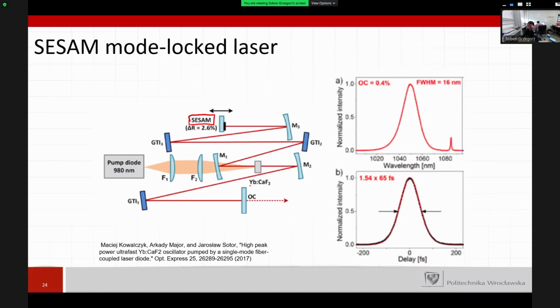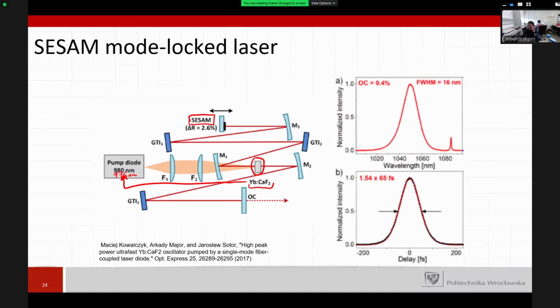This is a solid state laser based on ytterbium doped calcium fluoride. So you see here is the doped crystal, the doped medium. The pump that was used is a laser diode. So you already know that the best laser diode to pump ytterbium is the 980 or 976 nanometer wavelength.